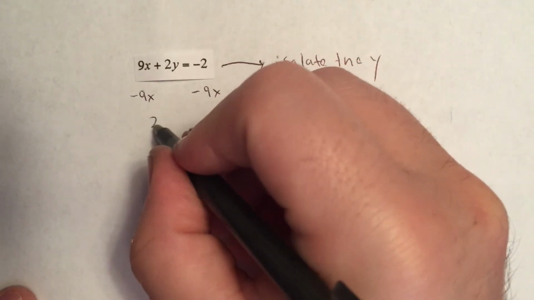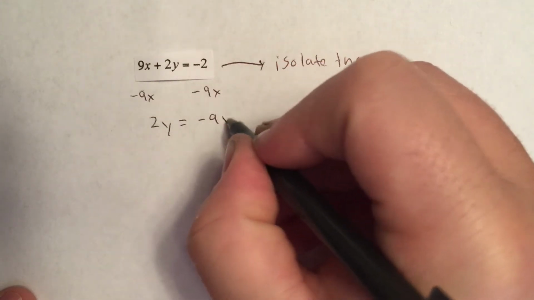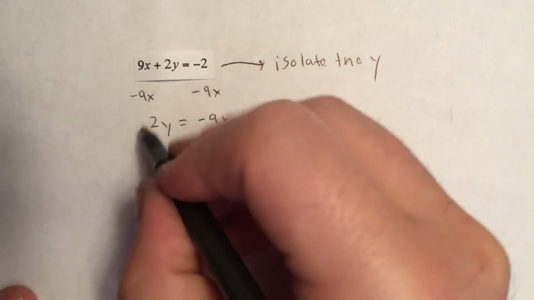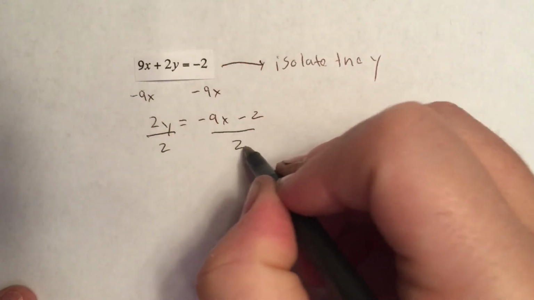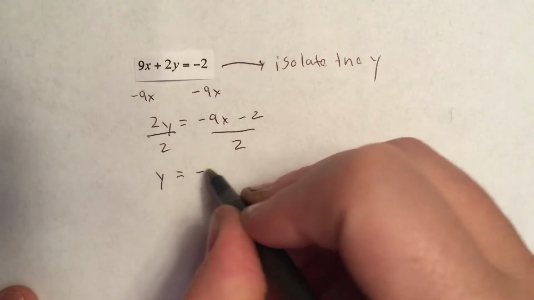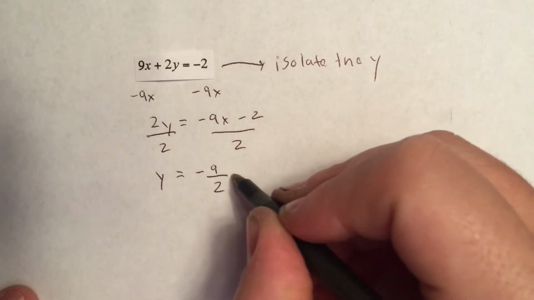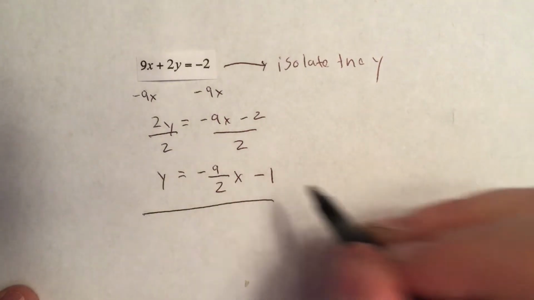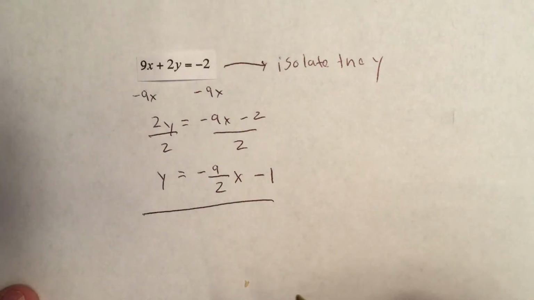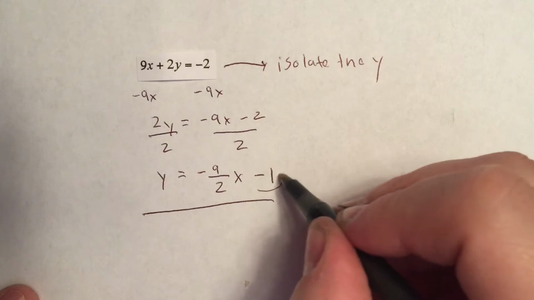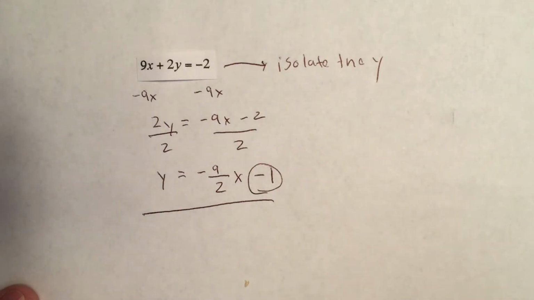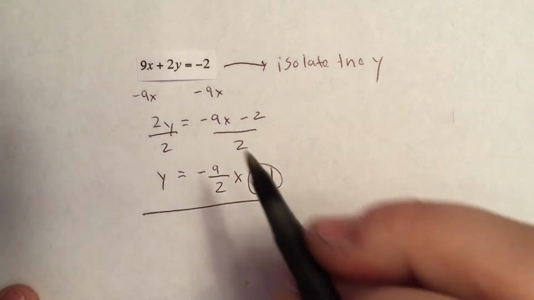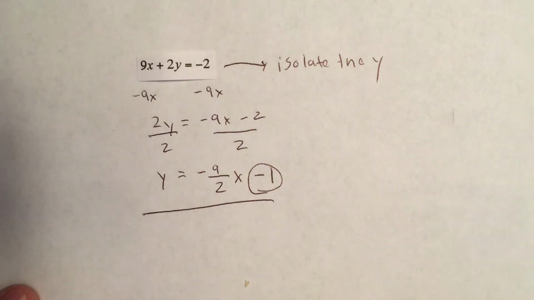I get 2y equals negative 9x minus 2. Divide both sides by 2. I get y equals negative 9 over 2 x minus 1. This is slope-intercept form. It is equivalent. My y-intercept is (0, negative 1), and my slope is negative 9 over 2. Great. Let's keep going right along here.